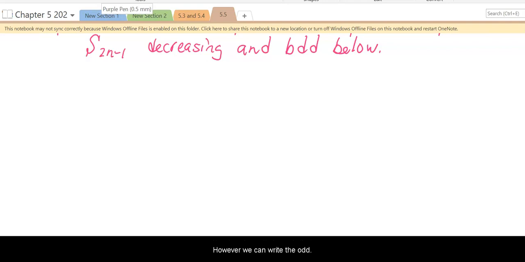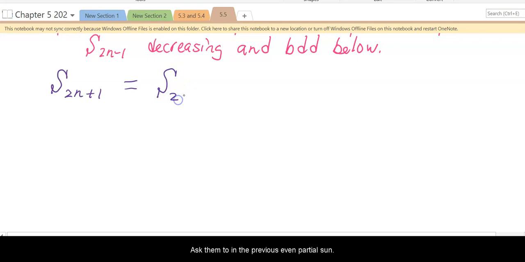However, we can write the odd terms in this way. S sub 2n plus 1 must be equal to S sub 2n, the previous even partial sum, plus the additional term that S sub 2n plus 1 has, which is 1 over 2n plus 1.